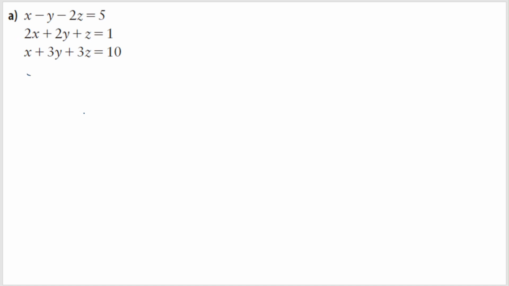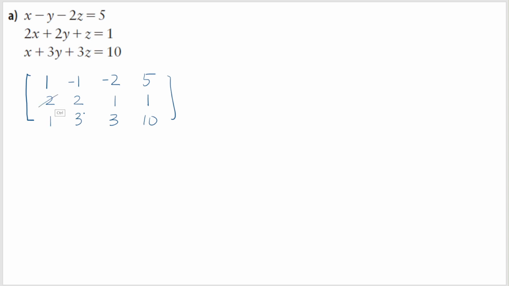Again, let's use matrix method to solve the first example here. First, let's write the matrix form of this system, which is 1, -1, -2, and 5. Then second row is just 2, 2, 1, 1, right? Third row is 1, 3, 3, 10. So first of all, we need to cancel these two numbers.